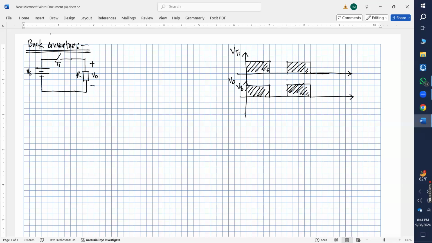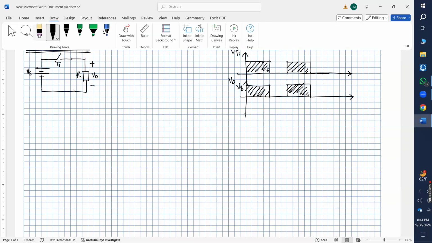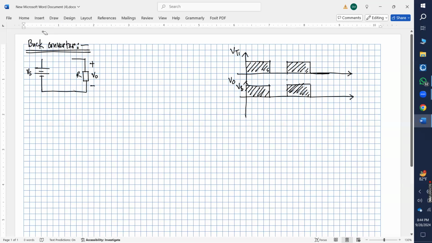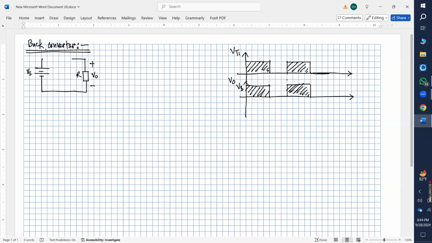Instead of this switch, if you think of a practical switch, we can introduce a transistor here. It will be a simple transistor, and this is my voltage, which can be considered the base to emitter voltage.